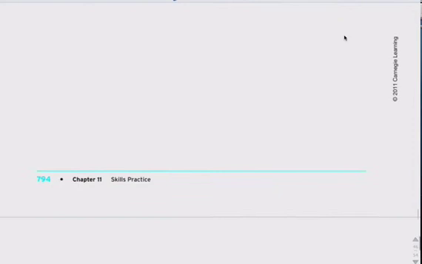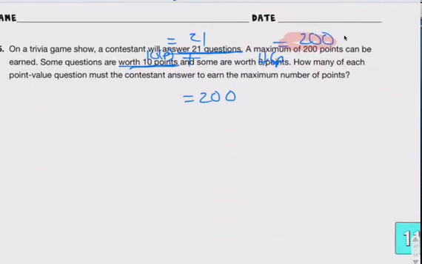Oh, define the variable. Did I define the variable on that one? I didn't define the variable here. Let's give it x.